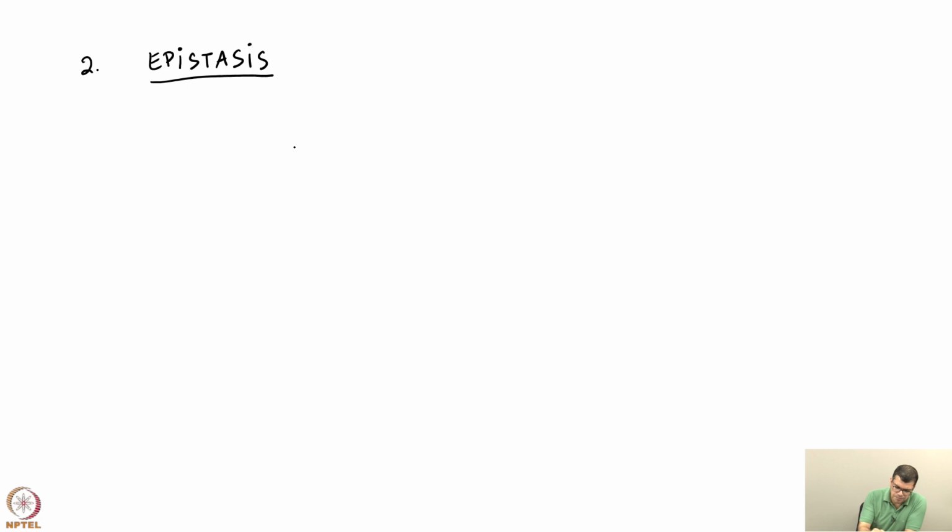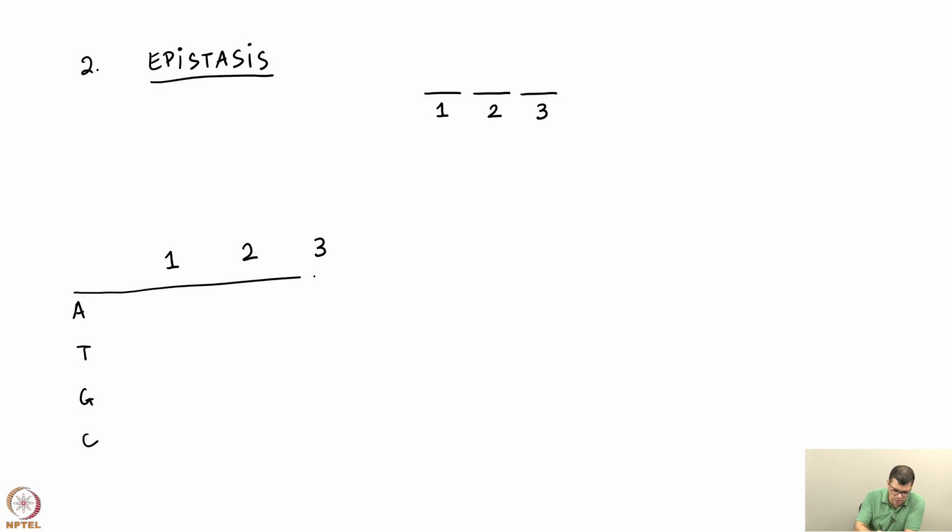Let us assume that we have a DNA sequence of length 3, and at each of these 3 places, let us call them position 1, position 2, position 3, we can have either A, T, G or C. These are the only options that are available for a DNA sequence.